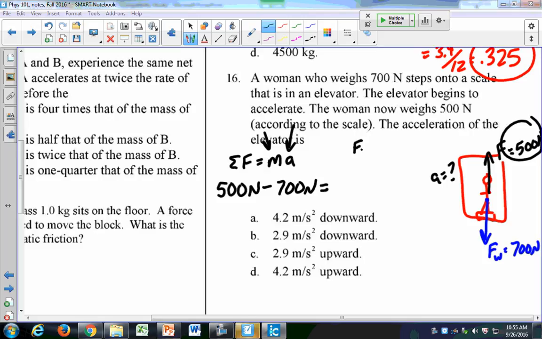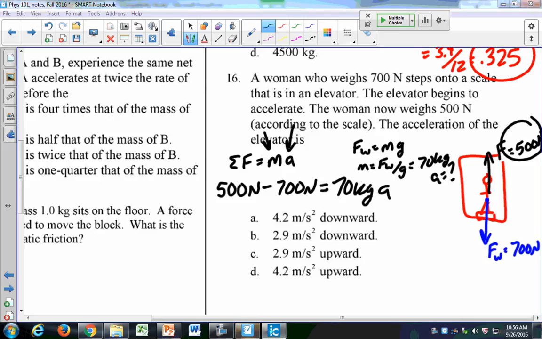So our force weight equals m times g, so our mass is equal to Fw divided by g. That's going to be 70 kilograms. I said 700 newtons, which is our weight, divided by 10, which is the acceleration due to gravity, and I get 70 kilograms. This is equal to 70 kilograms times the acceleration.